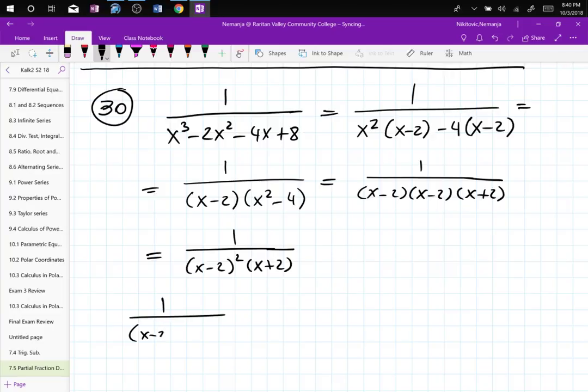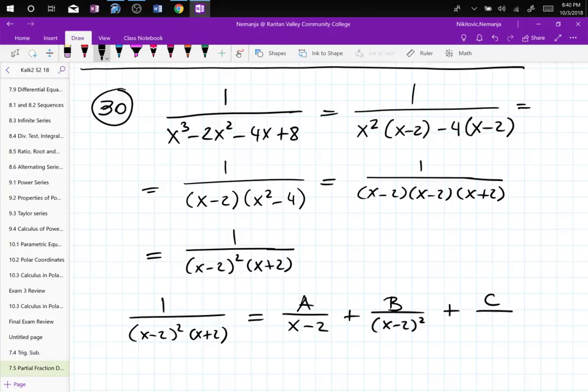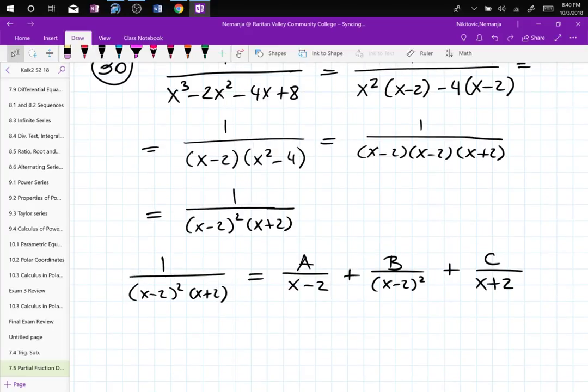So we have 1 over x minus 2 squared times x plus 2, is equal to, I have a repeated linear factor, so that's going to be A over x minus 2 plus B over x minus 2 squared plus C over x plus 2. Now we have to add these three, and then we will compare the numerators.